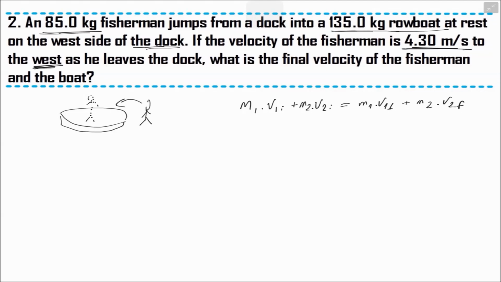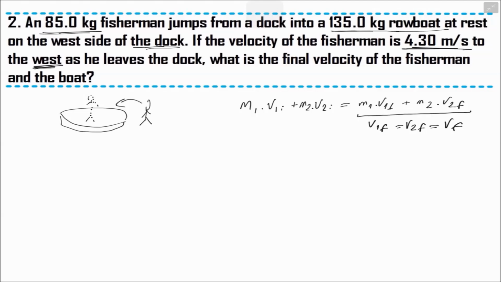But here, the final velocity of the boat and the final velocity of the fisherman must be the same, because the fisherman jumps from the dock to the boat, so they are moving together. Their final velocity must be the same. As a result, v1 final must equal v2 final, so we can say they are equal to v final.